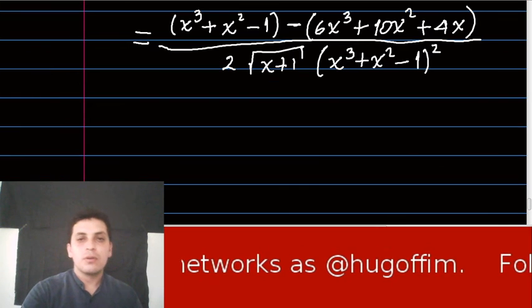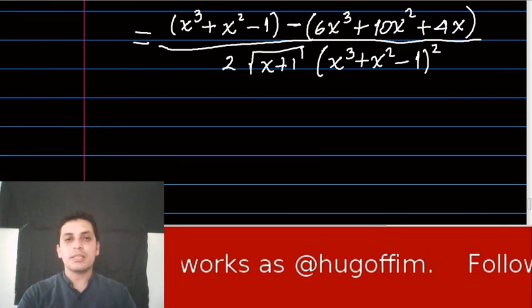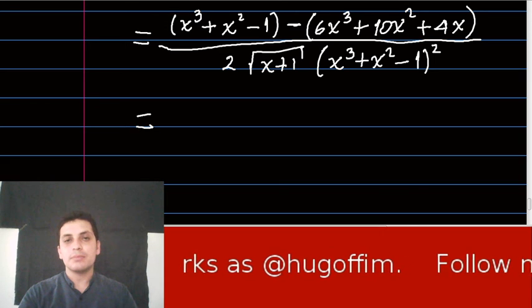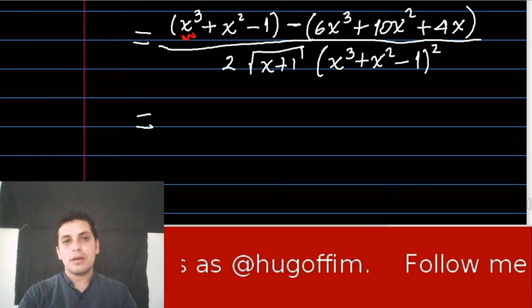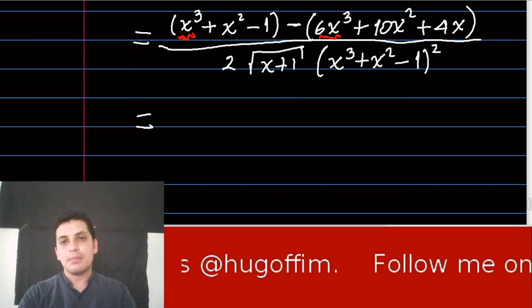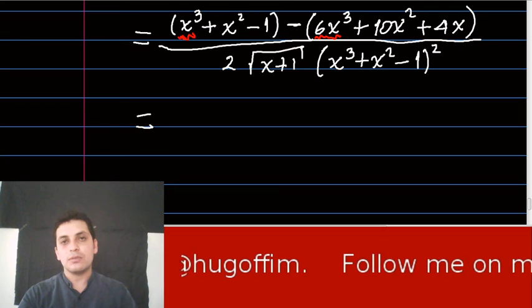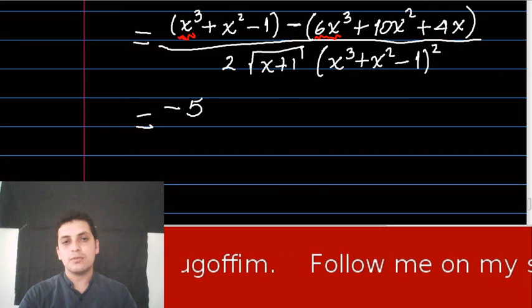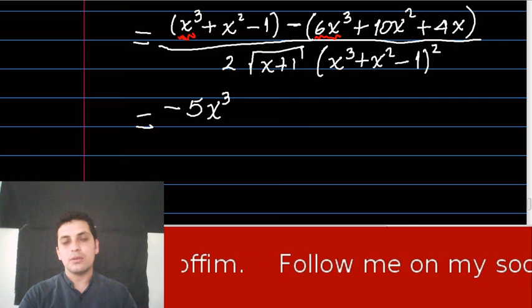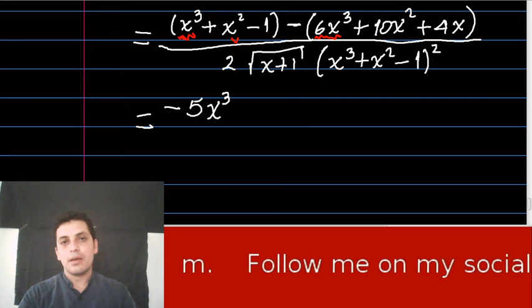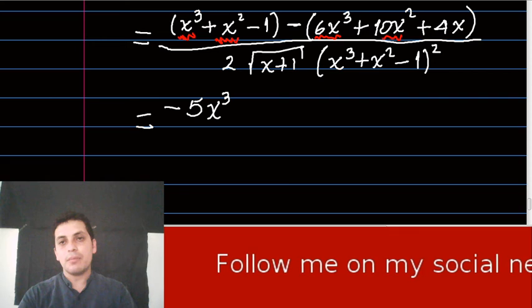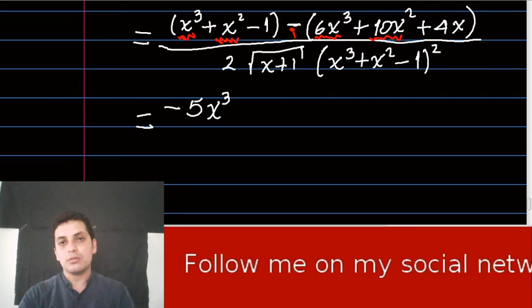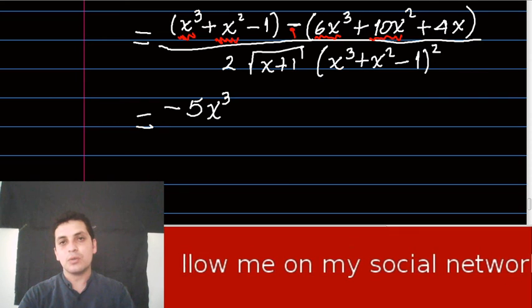Now, we're going to just subtract these two. So let's subtract them. x cubed with minus 6x cubed, that will be minus 5x cubed. Positive x squared minus, remember this, minus 10x squared.